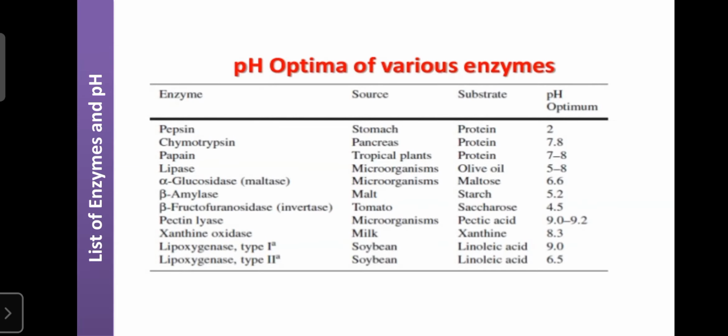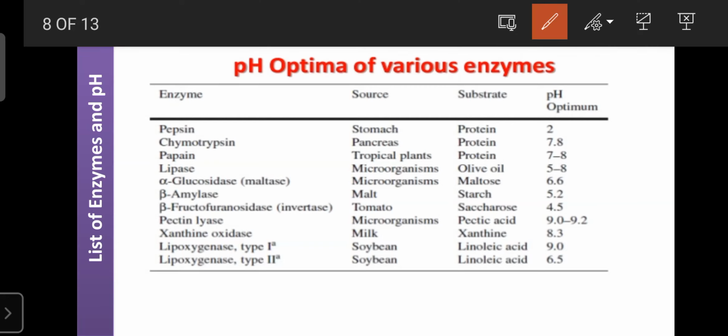first few examples regarding the list of enzymes and pH. Pepsin: its source is the stomach, it is a protein in nature, and its optimum pH is 2. Then chymotrypsin, secreted from the pancreas, a protein, active at pH 7.8.